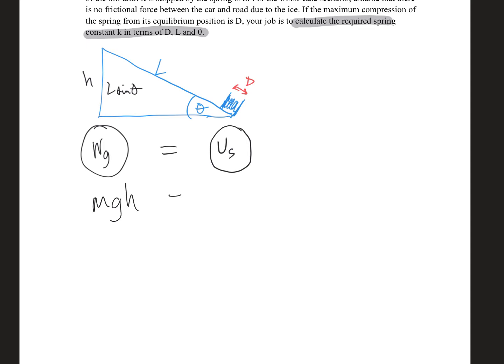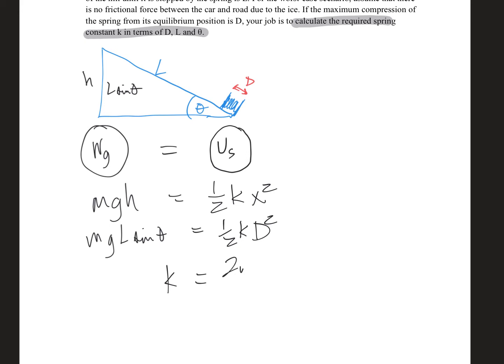Generally speaking, I have mgh equals 1/2 kx squared, except h is L sine theta, and x is d. We want the k, so just solve for k. So k equals 2mg L sine theta over d squared.